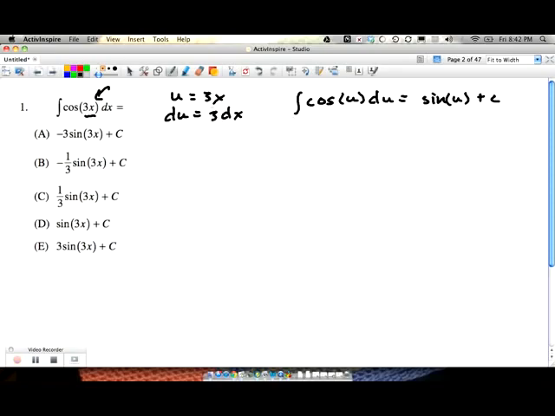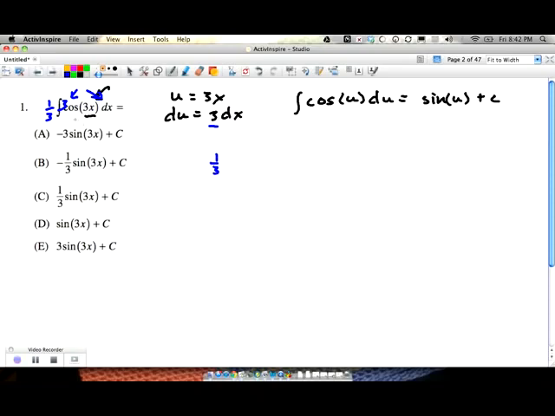So that helps us in undoing that chain rule action there. Let's see what happens then with these pieces we have here. We know that we have this 3 for the du, but it's not in this one. So we need a 3 inside there, and I'll balance it with a 1/3 on the outside. Now I have my du and my cosine of u.